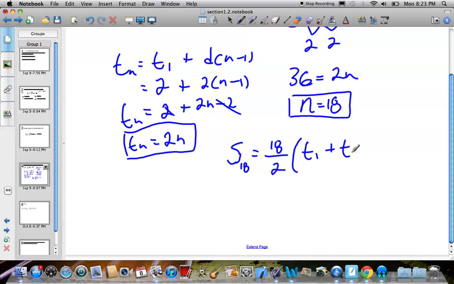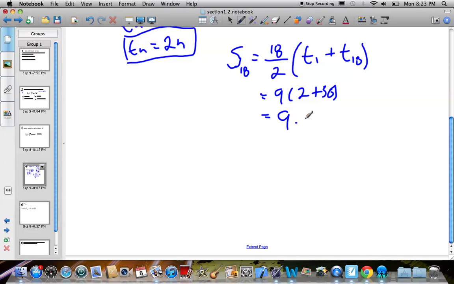The last term is t of 18, which we know is 36. So 18 divided by 2 is 9. The first term is 2, the last term is 36. Then we have 9 times 38, and let's check that: 9 times 38 is 342.